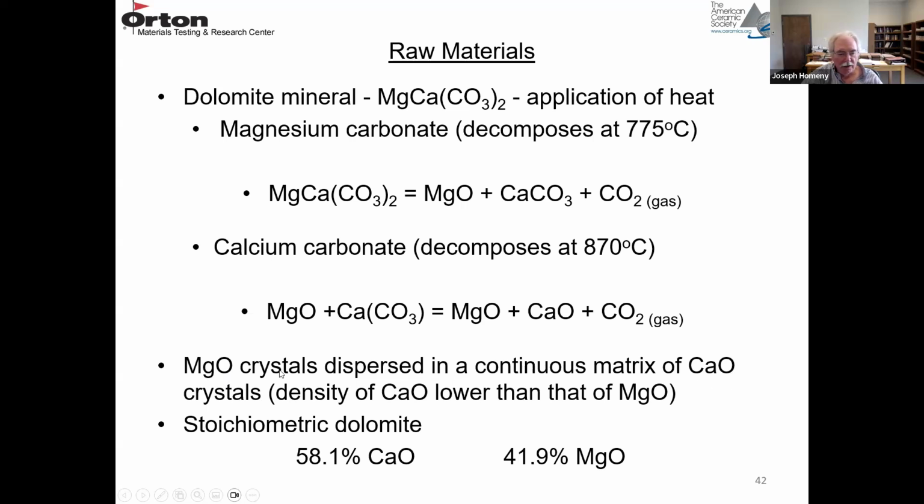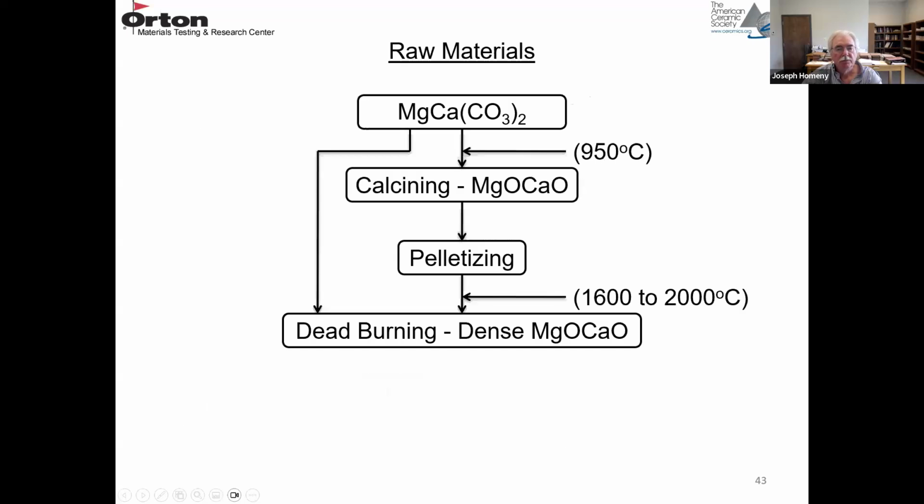So the MgO is actually protected in this matrix, but the CaO is the matrix, so it is attacked and hydrated rather quickly. So stoichiometric dolomite is about 58 weight percent CaO and about 42 weight percent MgO.